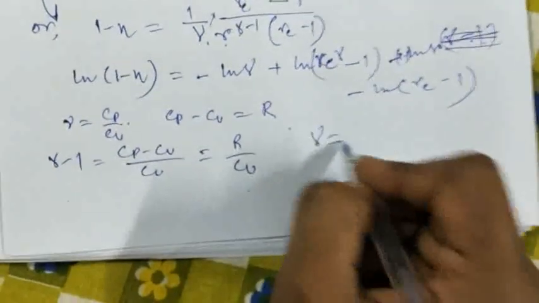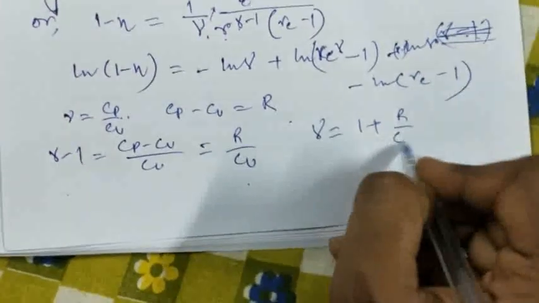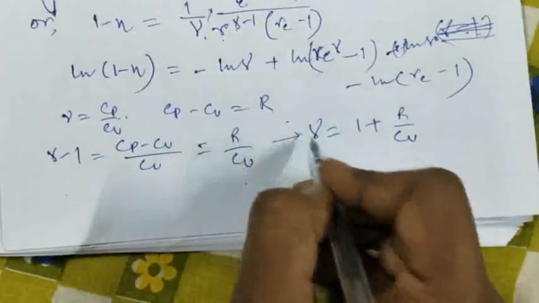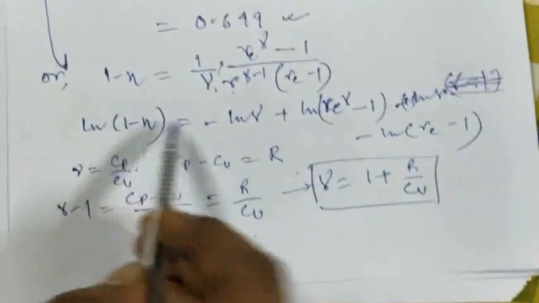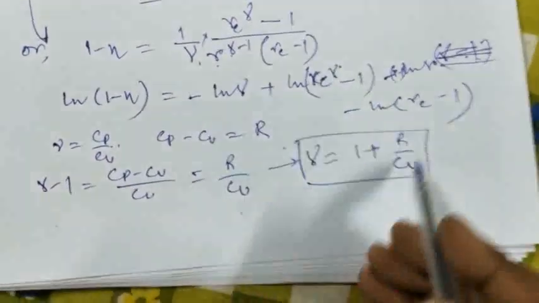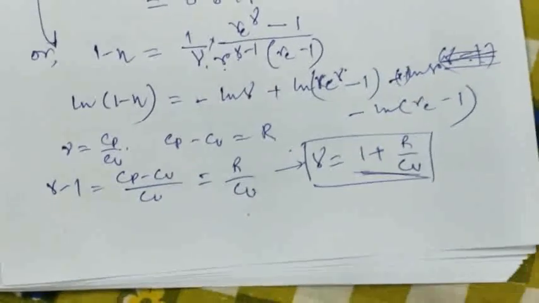Or we can write gamma equal to 1 plus R by Cv from here.